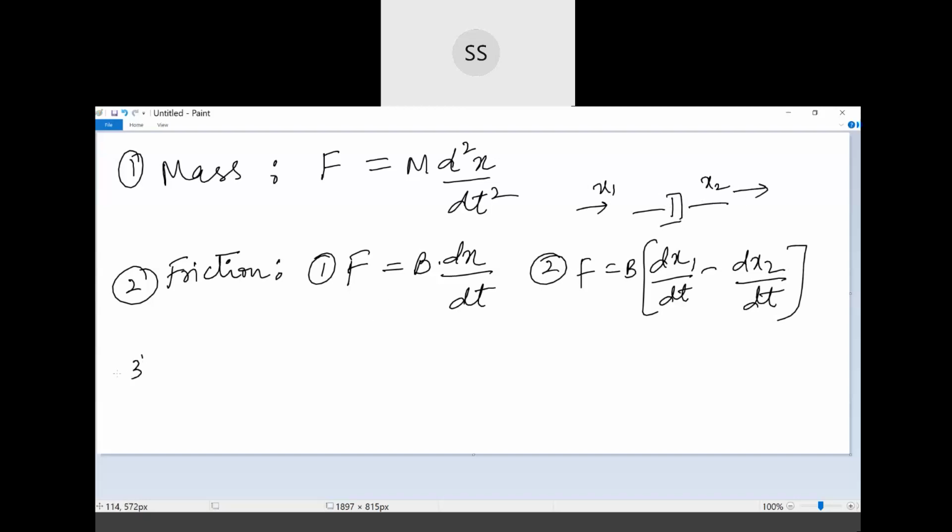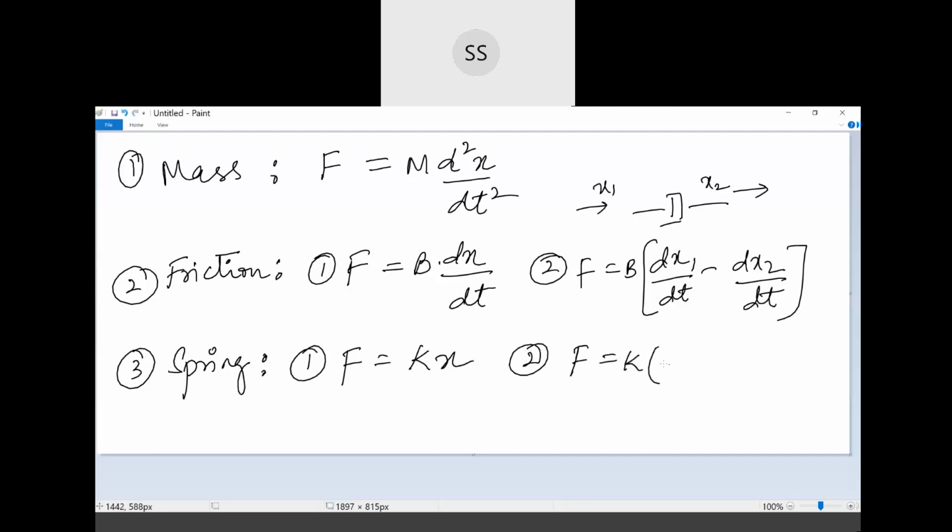Then the last element is the spring, which represents the elasticity present in the mechanical system. For this also we have two equations. One is F equal to k into x, used when the spring experiences displacement at only one end, and the second is F equal to k into (x1 minus x2), used whenever the spring is displaced at both ends, x1 and x2.